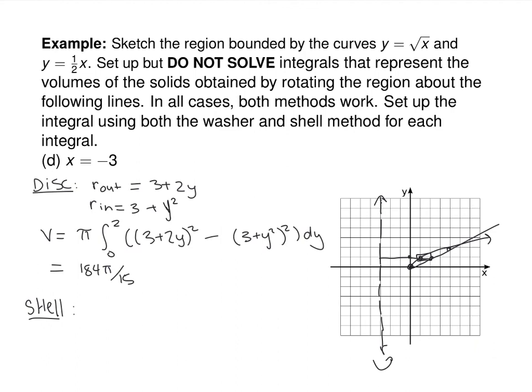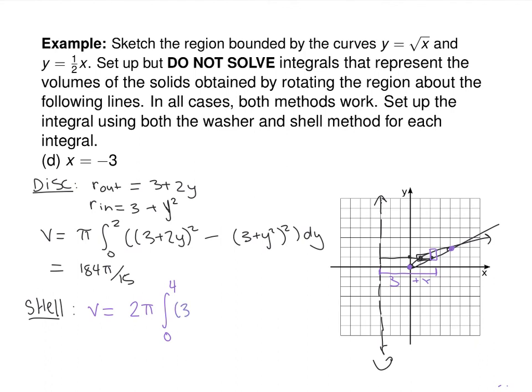Now using the shell method, for the shell method, we're slicing parallel to the axis of rotation. So the volume is 2 pi. So our slices begin at an x of 0, they end at an x of 4. And the radius, the distance from here out to your slice, well, that will be 3 and a variable distance of x.